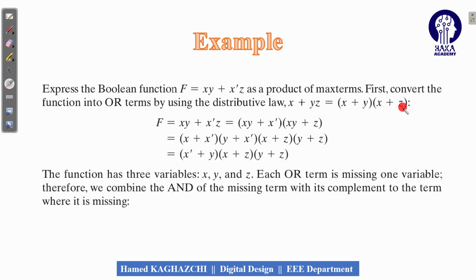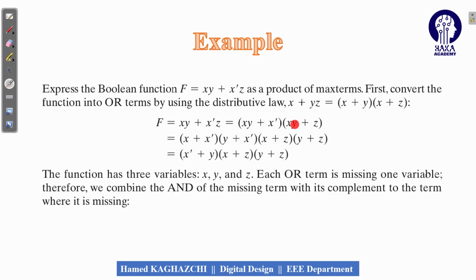Now, if I extend this one in this form, I write xy here, and x prime here, z here, according to the distributive law. Again, if I apply the distributive law inside of these parentheses, I have x prime x, x prime y. You can see that. Same thing happens for this one, zx, zy.